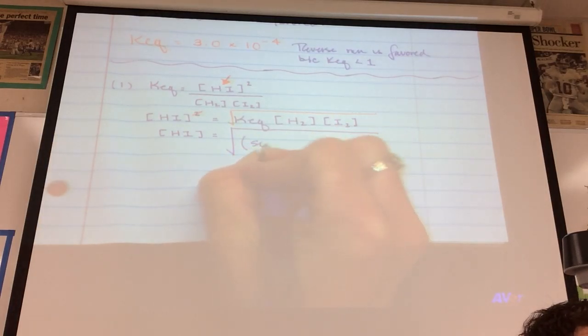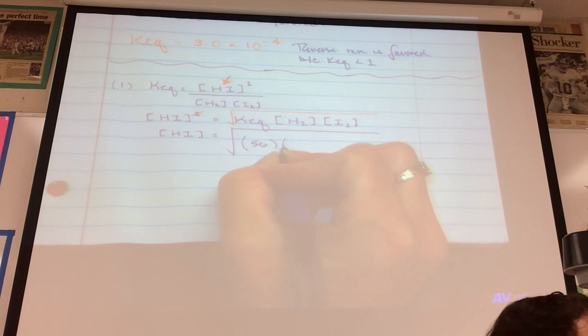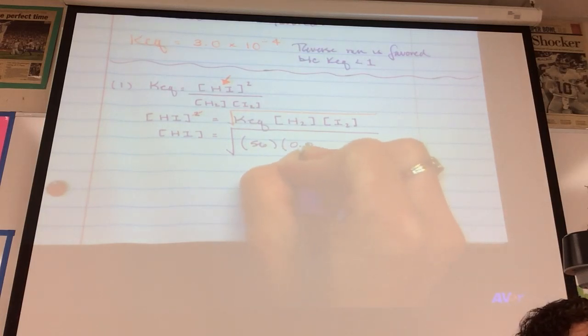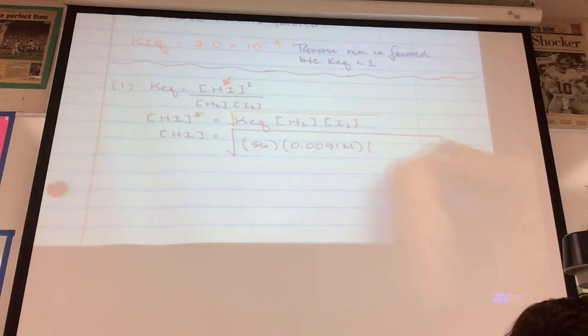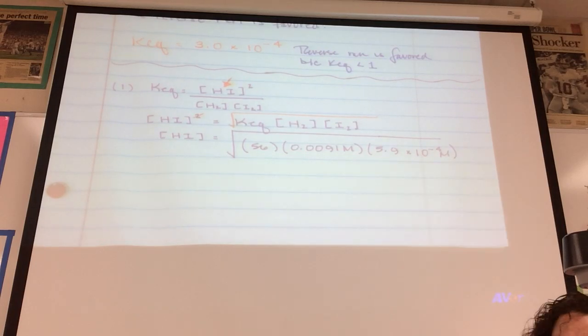So your concentration of hydrogen iodide is going to be the square root of KEQ, which is given as 56. Hydrogen gas has a concentration of 0.0091 molar. Concentration of iodine vapor, 5.9 times 10 to the negative 4 molar. Plug it in and take the square root.